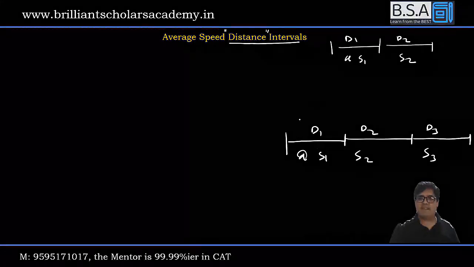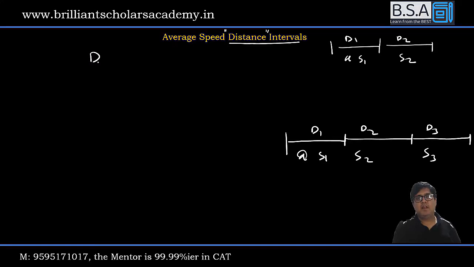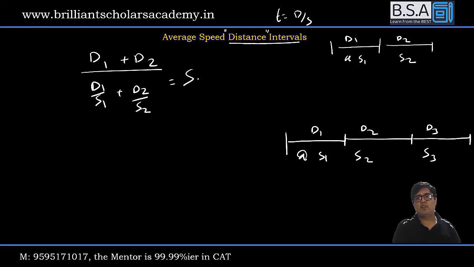So in such cases, you don't try to mug up the formula, but try to create it on the spot. Numerator must be distance. It is given to us. How do you calculate time? Time is equal to distance upon speed: d1 by s1 and d2 by s2. This is what speed average will look like.